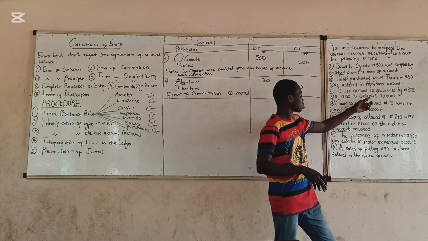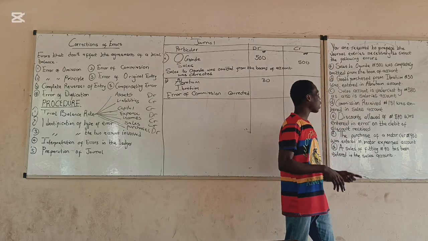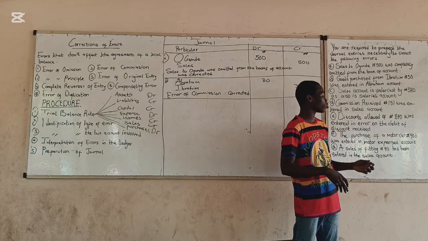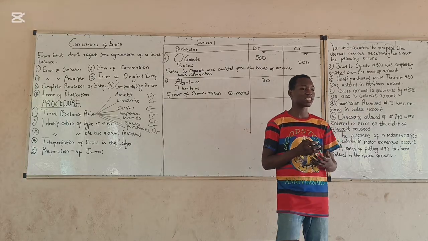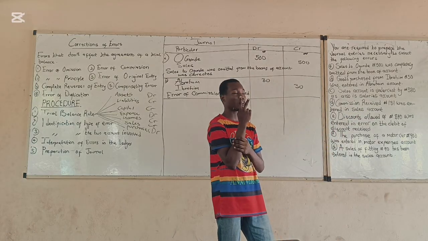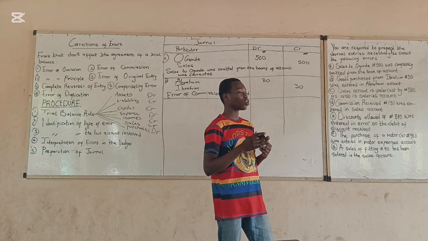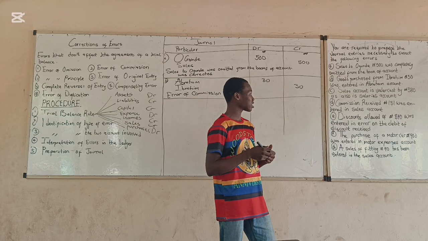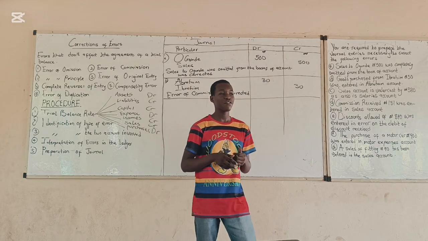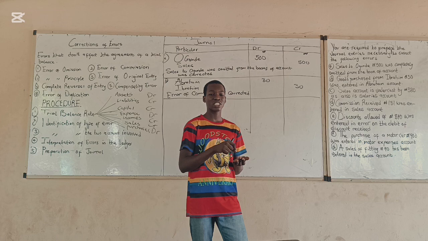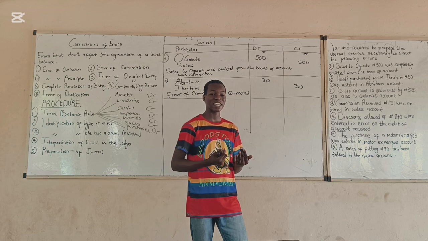Now let's look at the next one. Sales account is undercast by 380, as also is the salaries account. What you need to do here is identify the two accounts involved: sales and salary account. They say that they undercast. For instance, if the amount they're supposed to write here is 40 naira, they recorded 20 naira. It means you have undercast the amount.